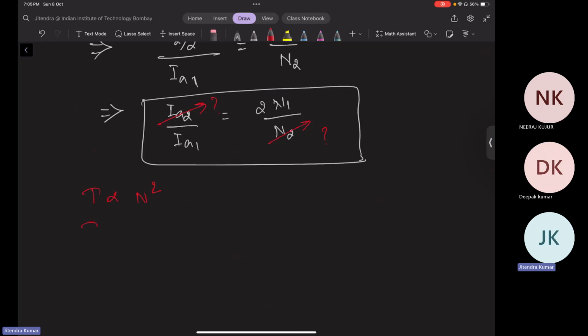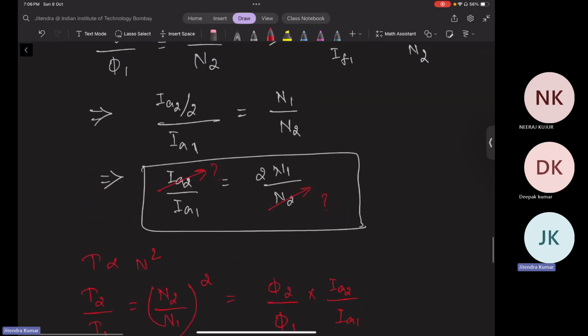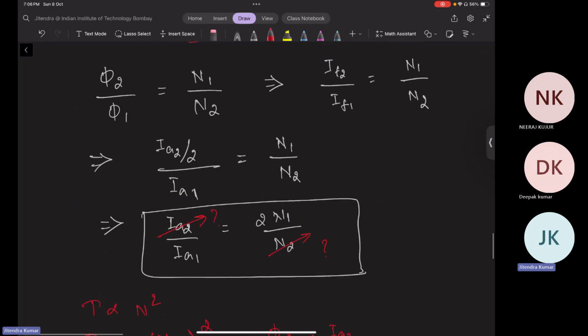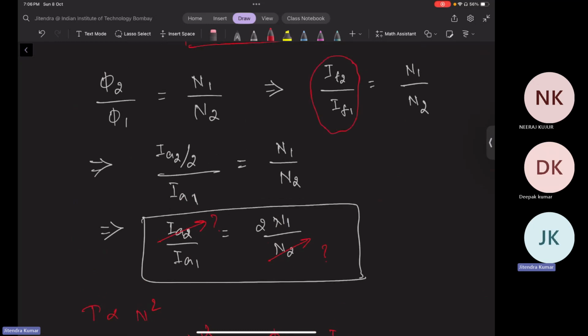We can write T2 by T1 is equal to N2 by N1 square, and further T2 by T1 is equal to phi 2 by phi 1 into IA2 by IA1, and phi 2 by phi 1, which is equivalent to IF2 by IF1, which is again equivalent to IA2 by 2 IA1.